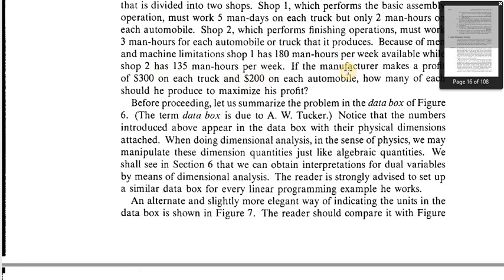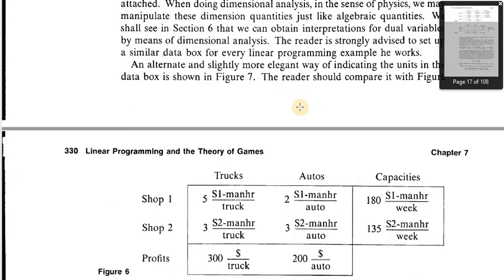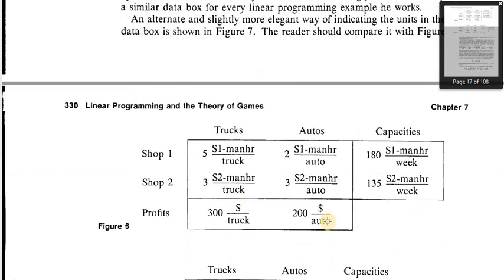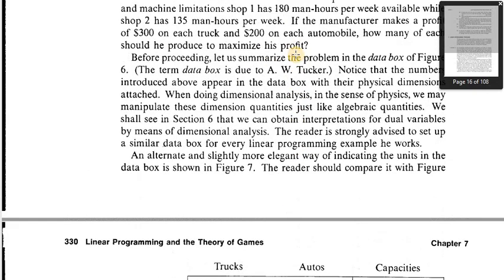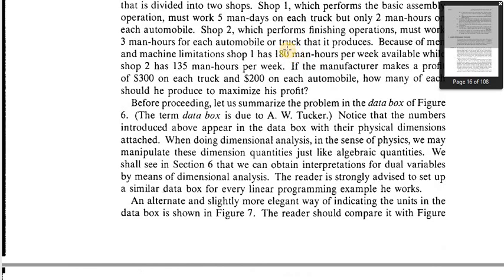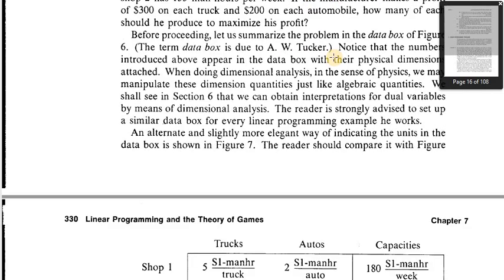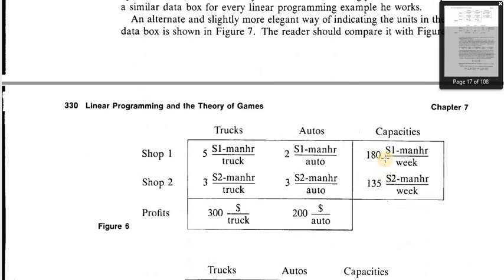And this $200 for each automobile, the units on 200 is dollars per automobile. Right? And that's what's listed here, dollars per truck and dollars per automobile. Now, what about the constraints? What are the units on the constraints? Well, that's explicitly stated. 180 man hours per week. So we have man hours per week on this capacity for Shop 1, 135 man hours per week on Shop 2.